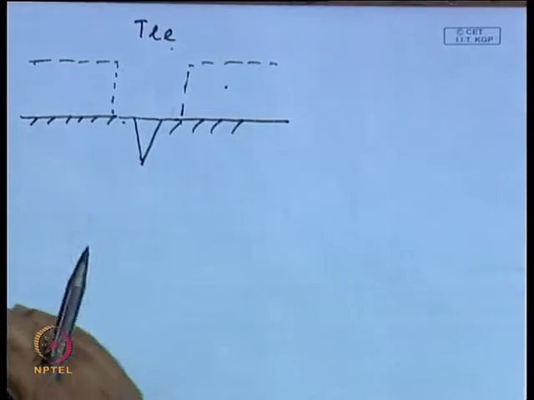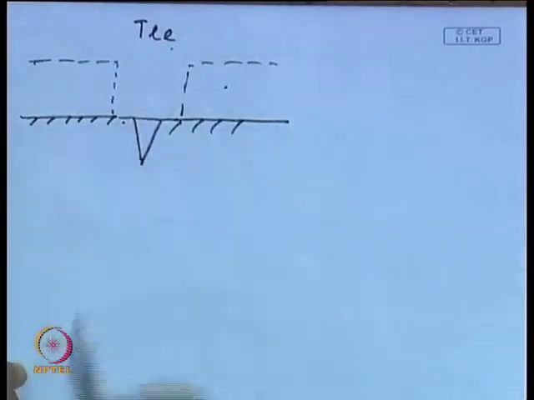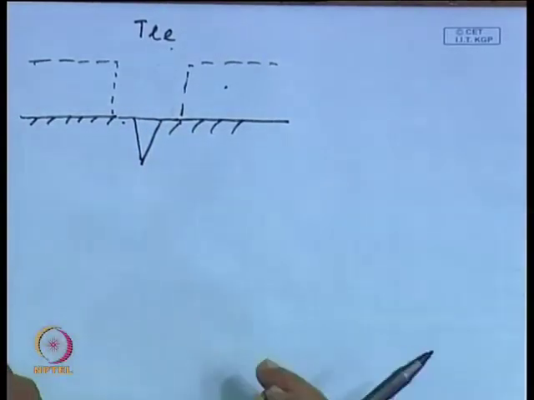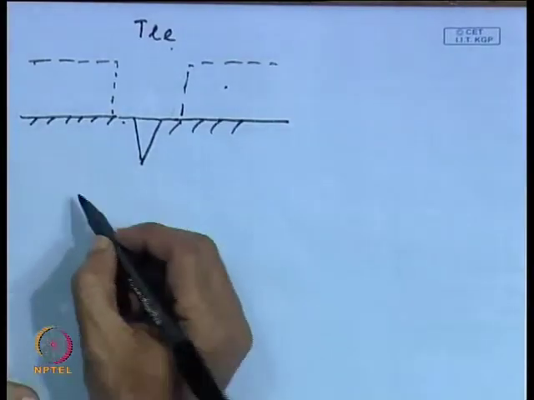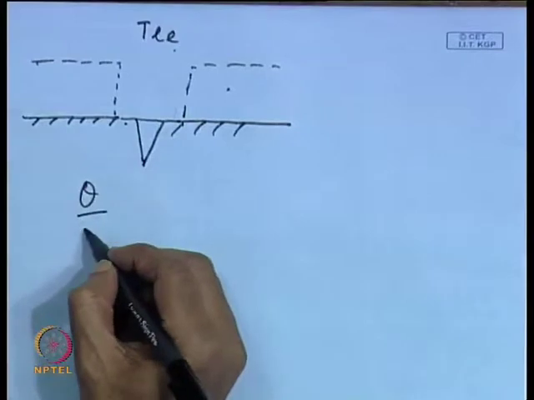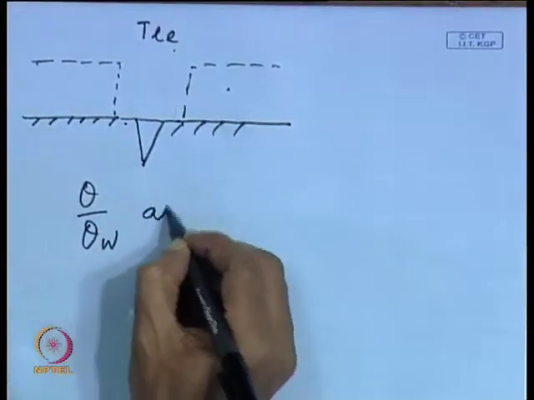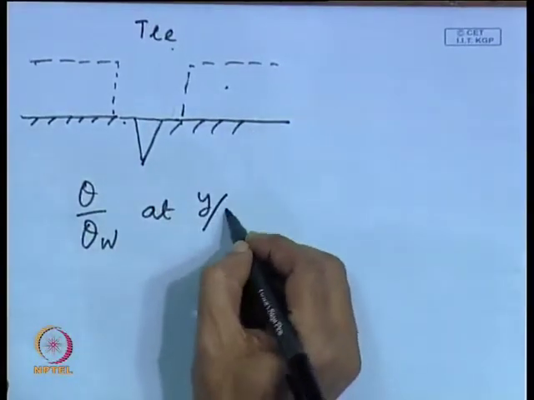Now, if the bubble has to really grow, then we can also write theta by theta w at y by delta t.